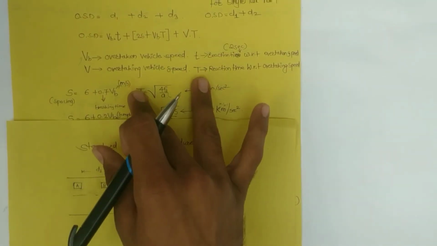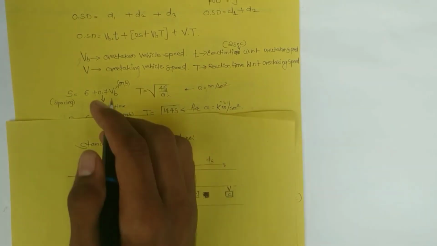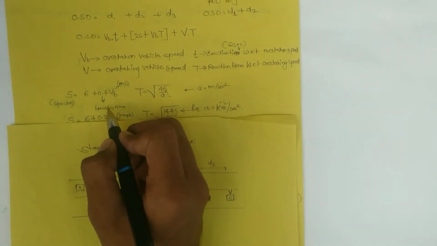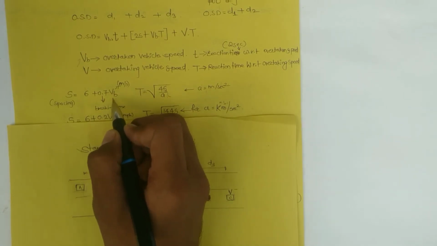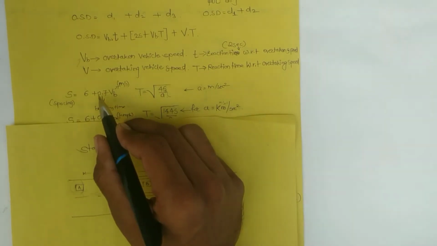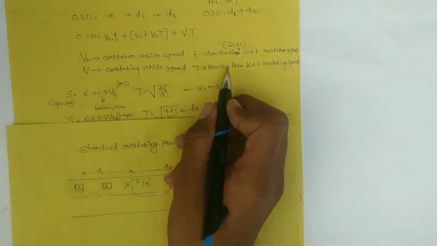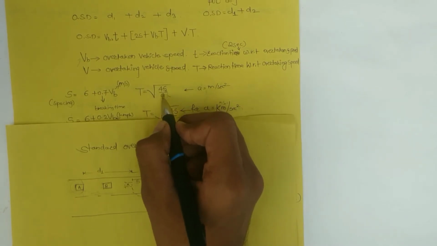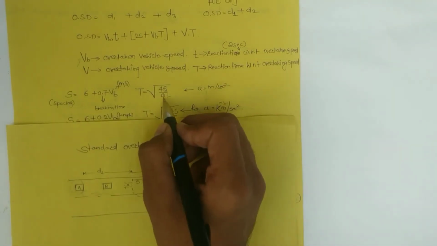Then the spacing is calculated. S is 0.7 VB plus 6, where 6 is the length of the vehicle, and 0.7 is the braking time, into VB, that is the overtaken vehicle speed, the speed of A. Next is capital T, the reaction time with respect to the overtaking speed, equal to the square root of 4S divided by A. S is calculated, and A is the acceleration.